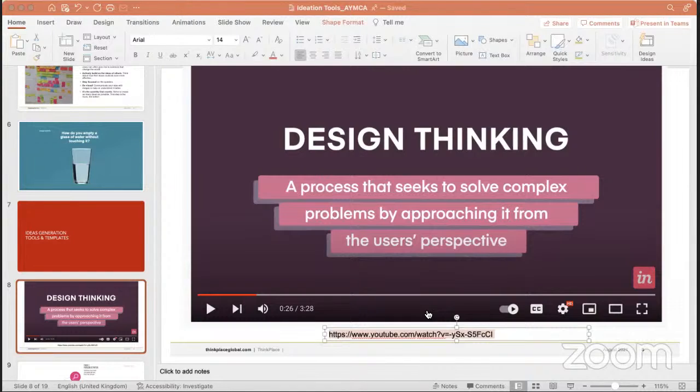Although these steps appear to be sequential, keep in mind, design thinking is less linear and more iterative. At each stage, you'll most likely discover new things that require you to go back and repeat a previous step. And there you have it, design thinking in a nutshell. Now get out there and start applying design thinking to your work today. You'll be glad you did.